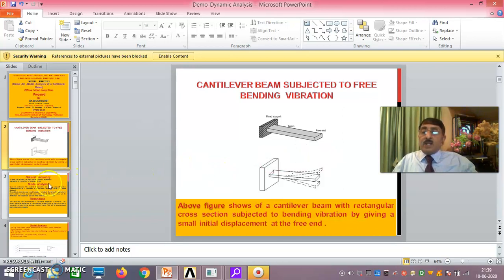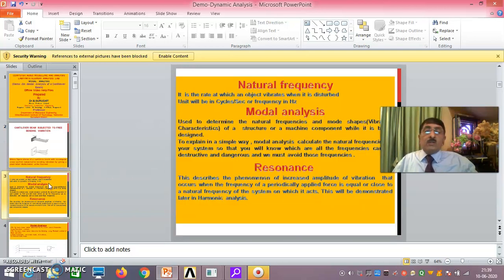These are all the basics I told you in the previous session. The unit of natural frequency is cycles per second, or frequency in hertz. I also told you about modal analysis, where we determine the natural frequencies and mode shapes of a structure.